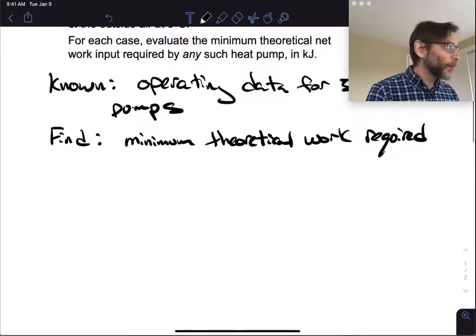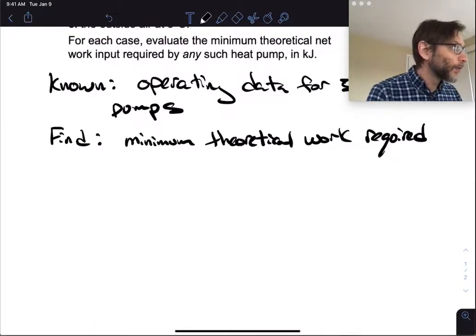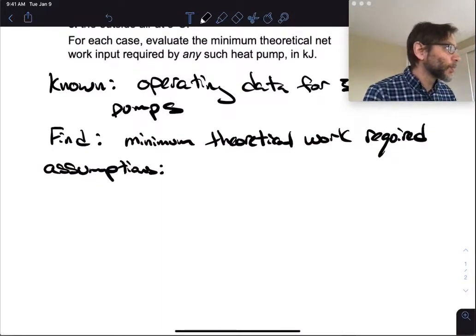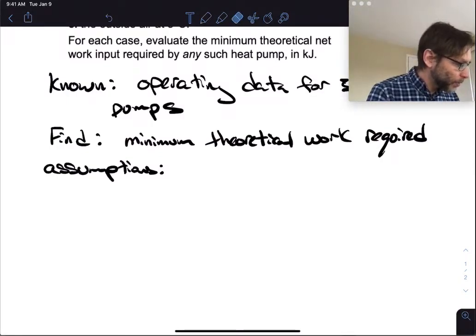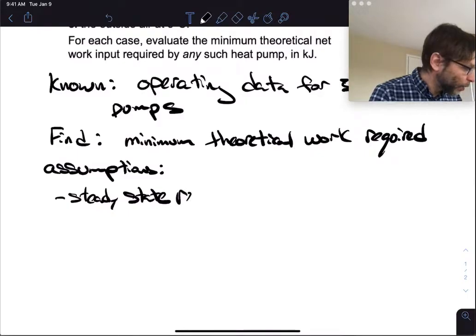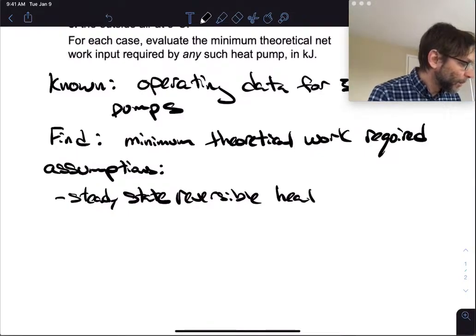Okay, so the diagram here, let's see. We'll do our assumptions first. The first thing we're going to say is we have a steady state, reversible heat pump.